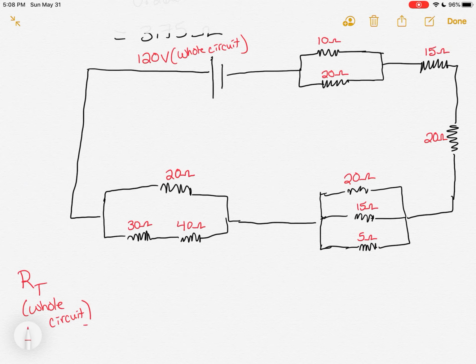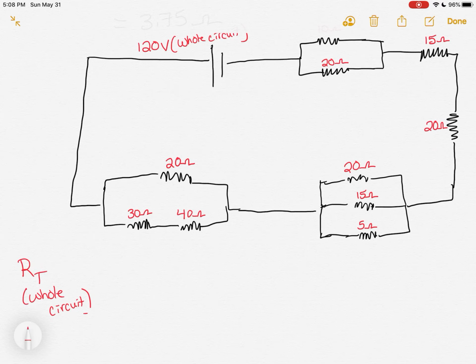The next thing that I want to do is find the voltage and current at every single little section of our circuit. So where all the resistors are, I want to know how much voltage is going through them, how much current is going through them. Okay, so I want to find the voltage and current at every section as well.